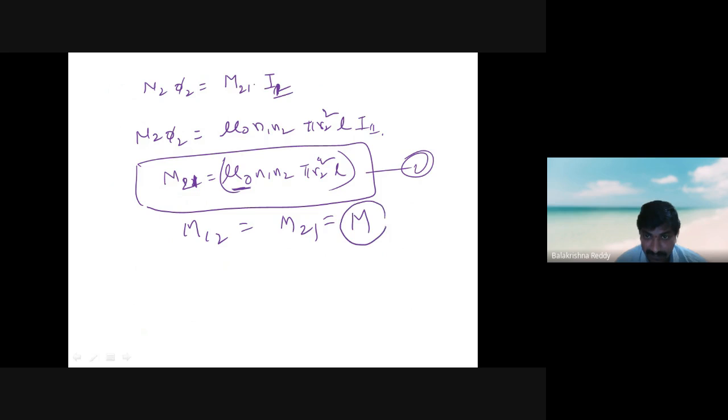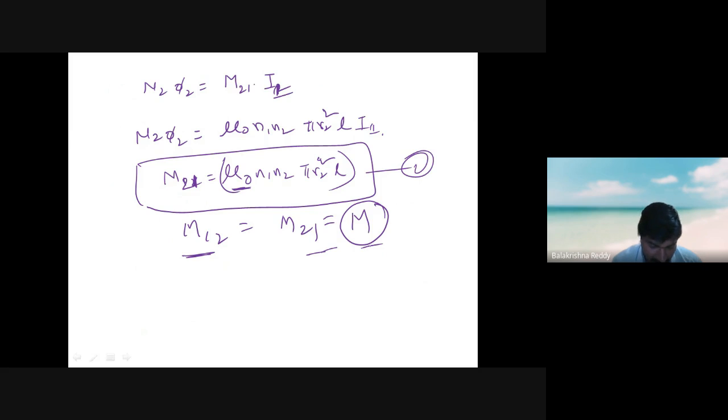So the mutual inductance between the coaxial coils, whether we induce current from one to another or from second to first, remains the same in both cases. Mutual inductance belongs to the pair of coils, so the coefficient remains the same in both cases if the dimensions are the same, right?